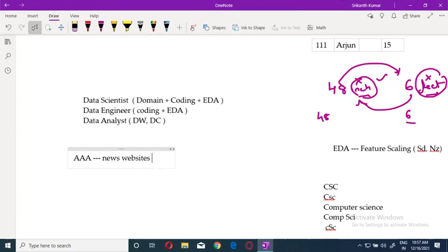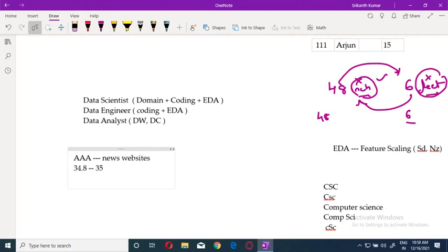They will not give it with minute accuracy. If it is 34.7 or 34.8, they will make it maybe 35.